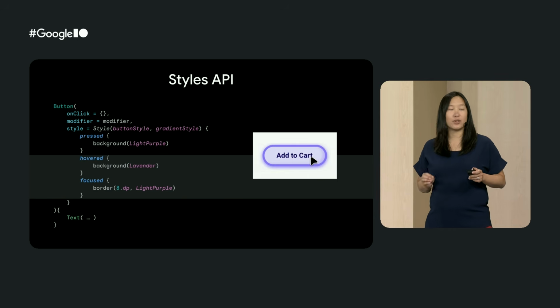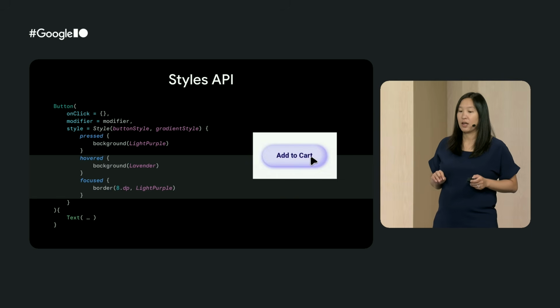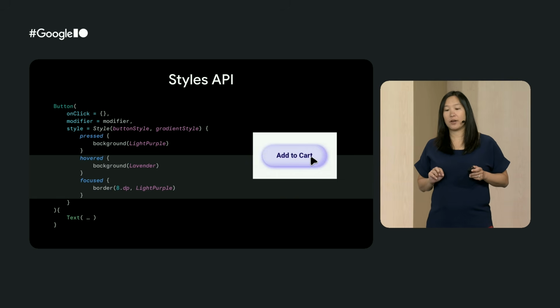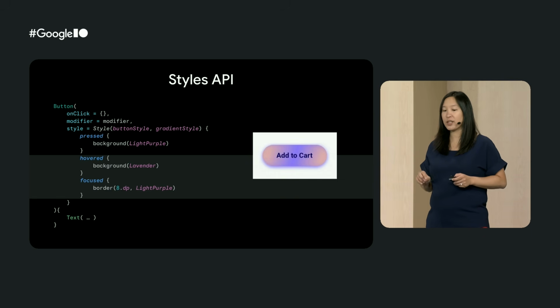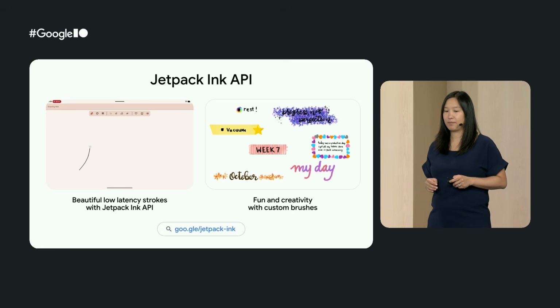That's so helpful for non-touch interfaces like Google Books and TV. So we now have an experimental API that allows for state-based styling. You can update visual properties of a component using the current interaction state, like when the component is pressed or hovered using the new Styles API. You can dive deeper into this and other dynamic ways that Styles and Compose can make your app adapt to different device characteristics in the live talk about the new Style API.